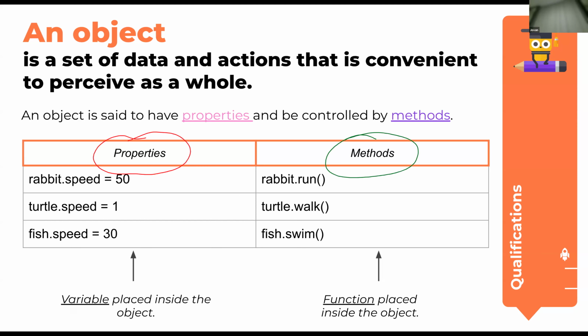Properties is like the color and stuff, right? The speed, the color. I forgot what all of that is called. It starts with F. Features. Yes, good. Features. This is the features of your object. That's what it is called.